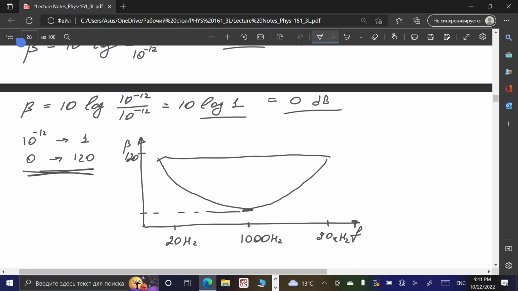So this curve only highlights the lowest sound intensity or sound level which we can hear at any frequency. But if sound level goes to the maximum, then no matter which frequency, it's equally painful.